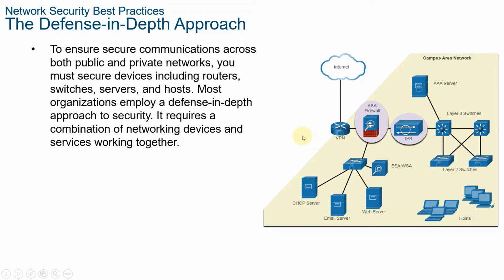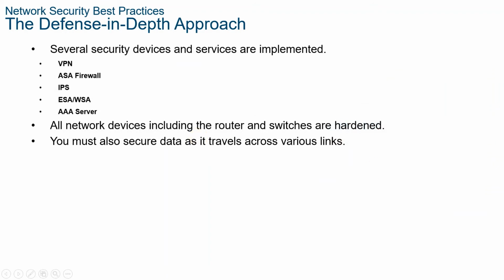It requires a combination of networking devices and services working together. Now consider the network here in the given diagram. Several security devices and services are implemented to protect an organization's users and assets against TCP/IP threats.